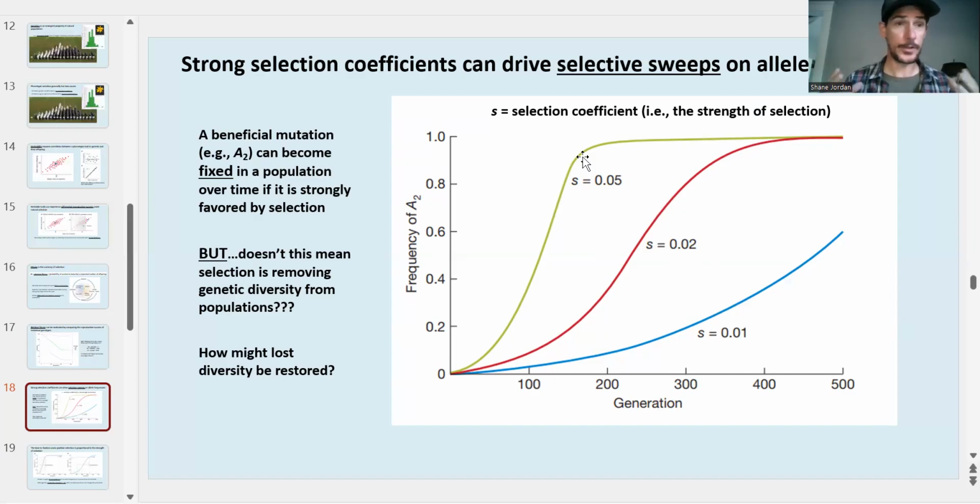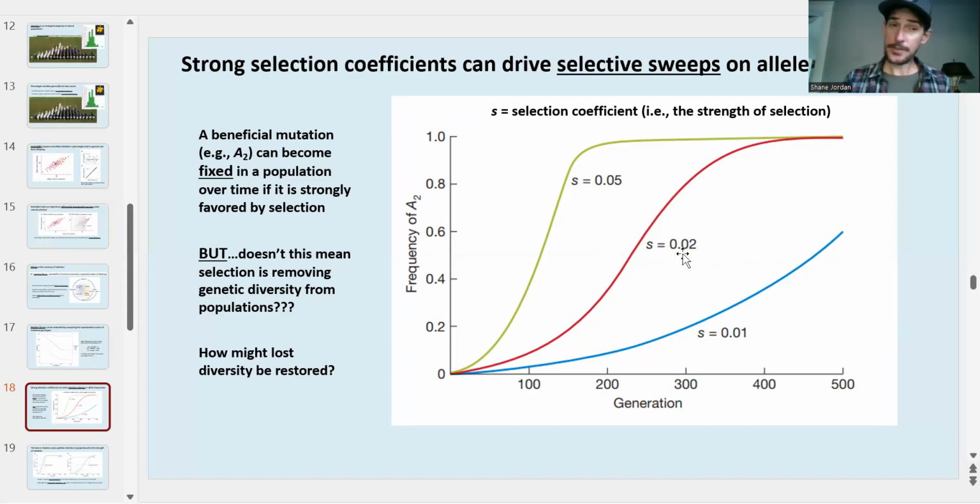If we actually look at real selection coefficients, they're usually not this high. But what I would like you to see here is that as this selection coefficient is increasing, the rate at which this mutation is reaching fixation is going up. When the selection coefficient is equal to 0.01, even over the course of 500 generations, the mutation has not really come close to reaching fixation.